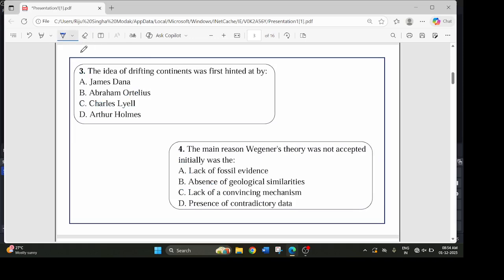The next question is, the idea of drifting continents was first hinted at by James Dana, Abraham Ortelius, Charles Lyell or Arthur Holmes. Here the correct answer is Abraham Ortelius.